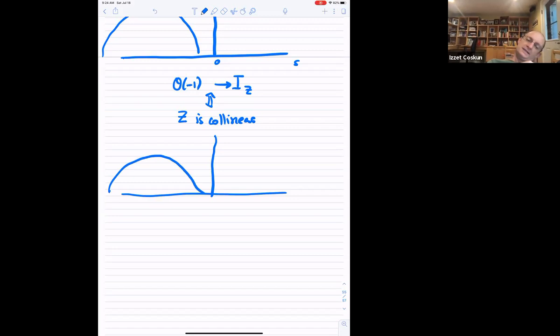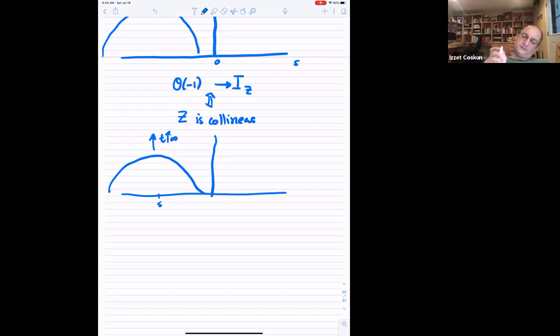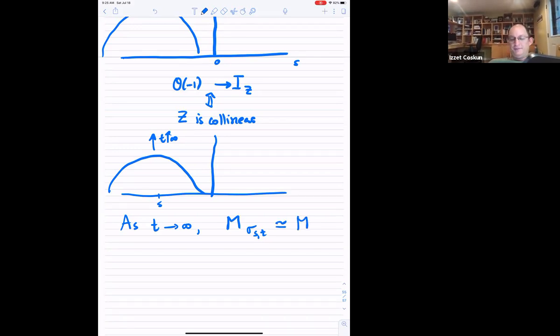The basic fact is that as you fix S and you let T tend to infinity, the moduli space becomes isomorphic to the moduli space of Gieseker semistable sheaves. As T tends to infinity, the Bridgeland moduli space becomes isomorphic to the Gieseker moduli space we were talking about.